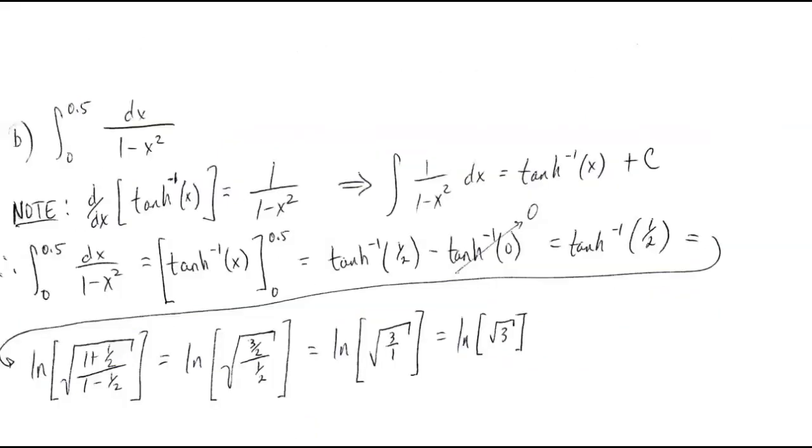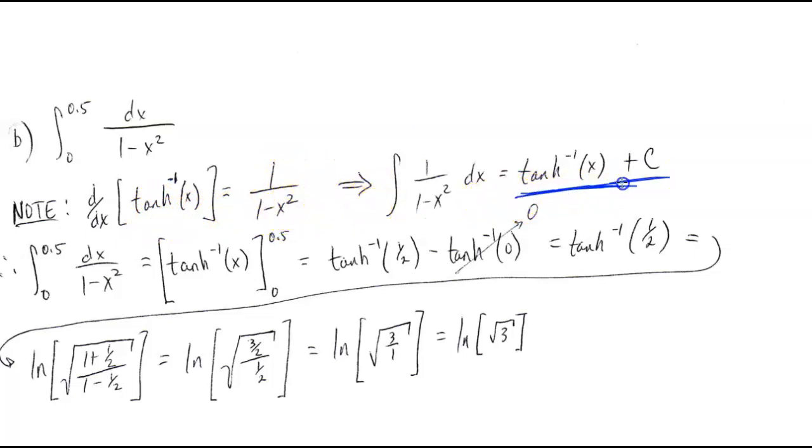So for our last example in this video, we see here that we're asked to evaluate the definite integral from 0 to 0.5 of 1 divided by 1 minus x squared dx. And so here we note that, of course, the derivative of inverse hyperbolic tangent is going to be just 1 over 1 minus x squared.